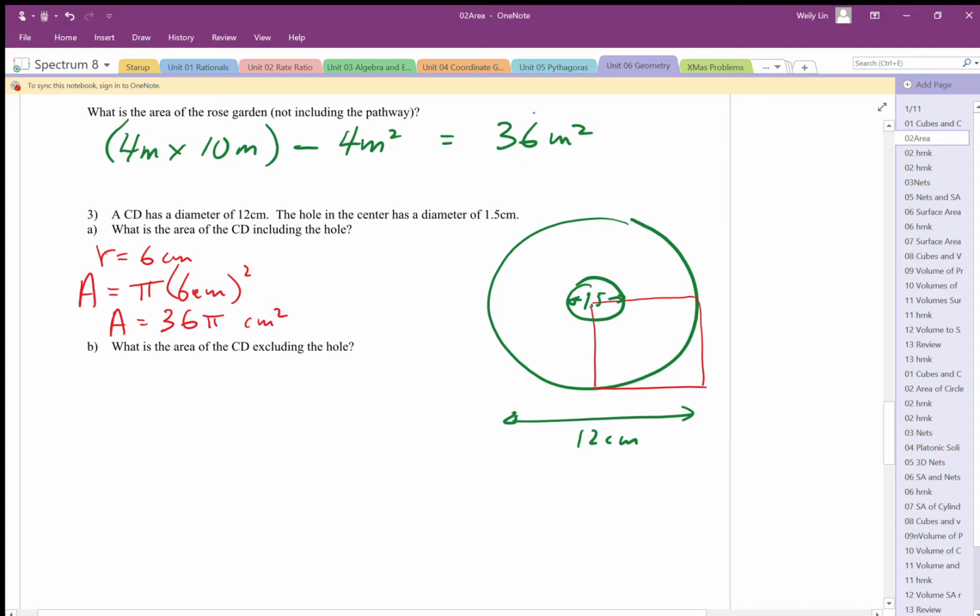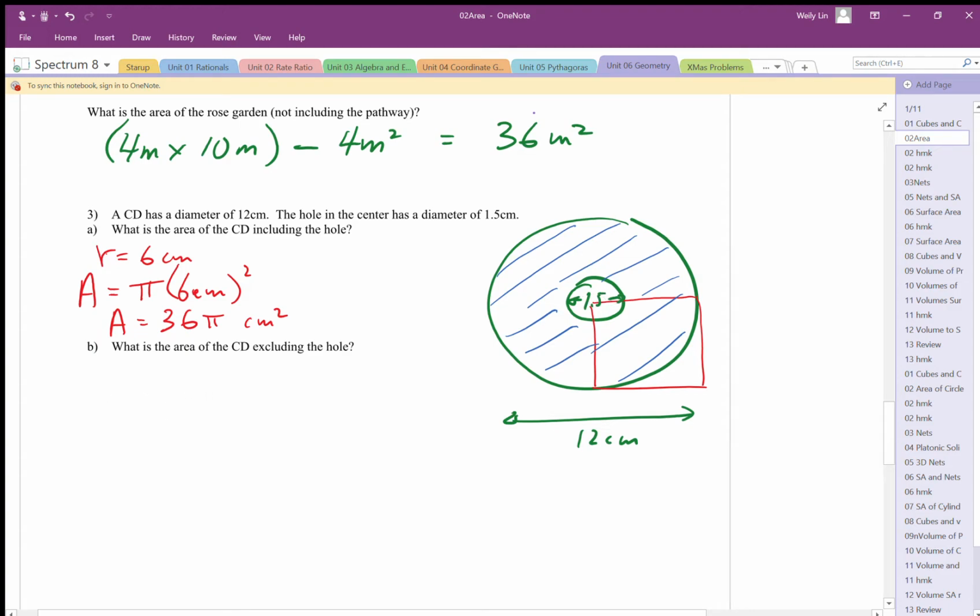So what about the area without the hole? Well, if I want the area without the hole, this surface here that I'm shading in blue, I need to take the area with the hole minus the hole. We basically need to take away that little area in there.